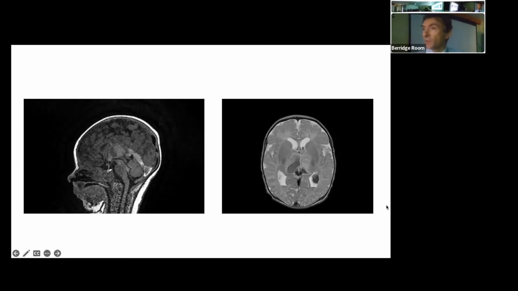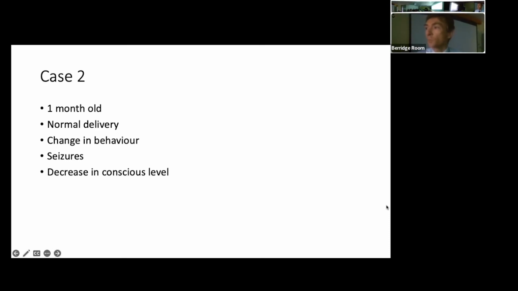And then the other case that came was quite similar. This child was a little bit older. Again, it had a normal delivery and presented in quite a similar way with a change in behavior, becoming a bit more drowsy. I think he had a seizure or maybe several seizures at home, and had a decrease in conscious level.